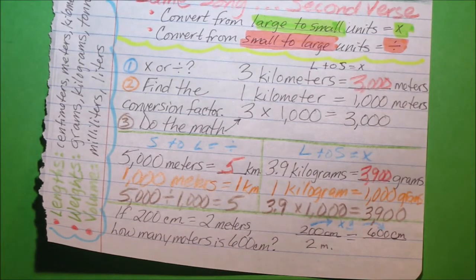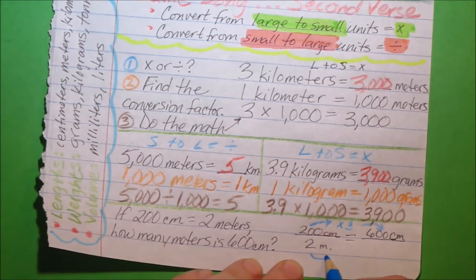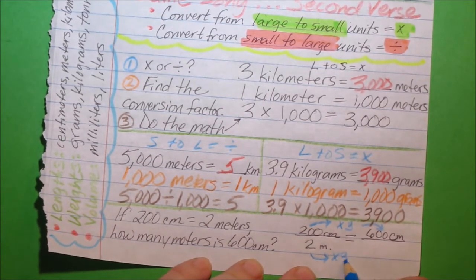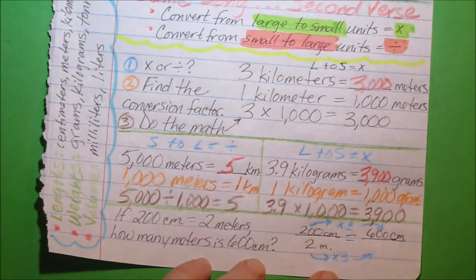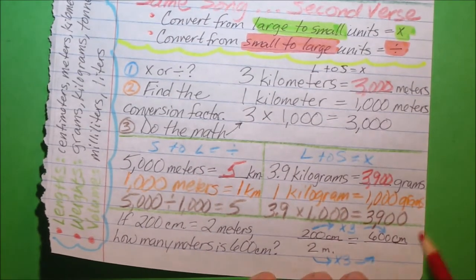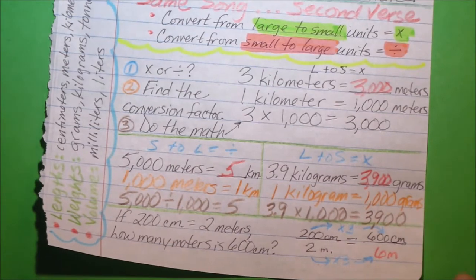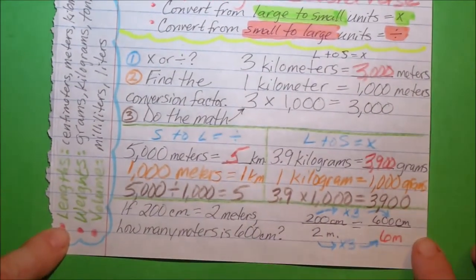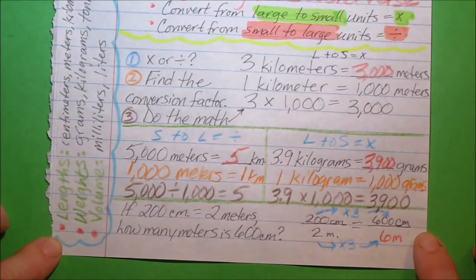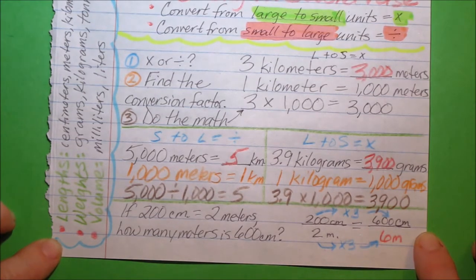Whatever we do to the top, we have to do to the bottom. So we do the same thing, times 3, which is 2 times 3 is 6 meters. So that completes the equivalent fractions. Okay, so that's our notes.